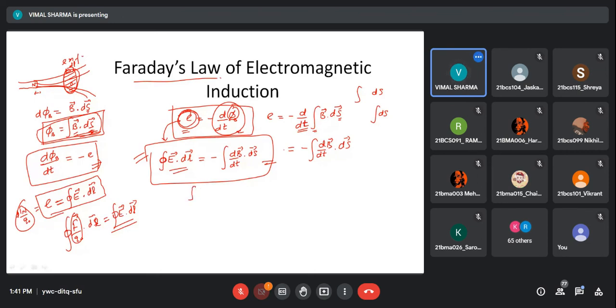So let me write Stokes theorem for the electric field: the closed line integral of E can be related to the surface integral of curl of E dot ds. This is Stokes theorem.